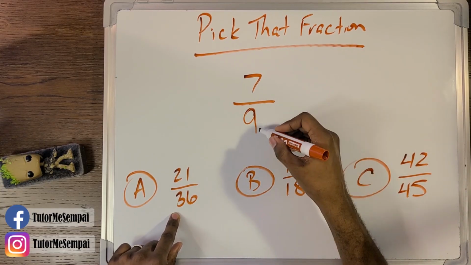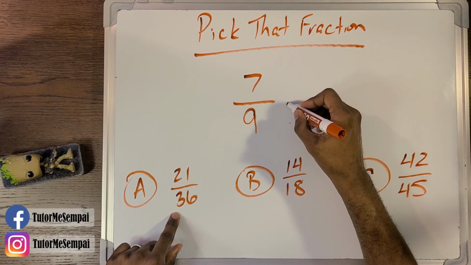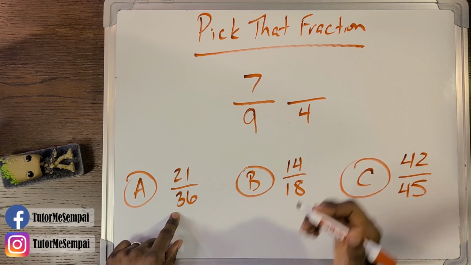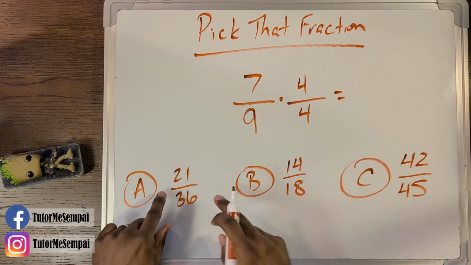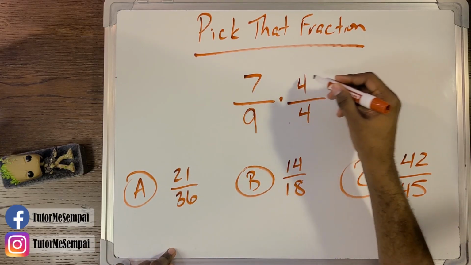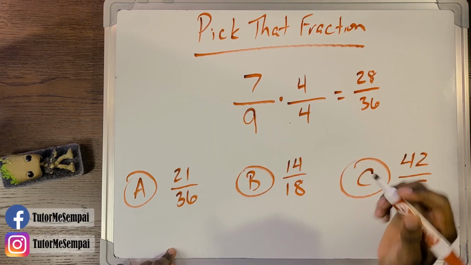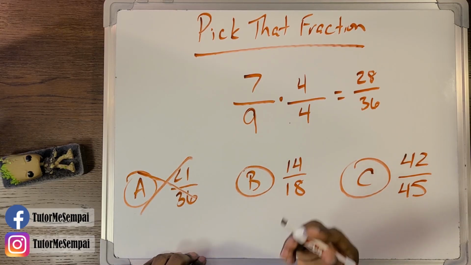What do you multiply 9 by to get 36? Well, that is going to be 4. 9 times 4 is 36. So if we do 4 over 4, are we going to get this? Well, 4 times 7 is going to give you 28. So it's not quite A. We're almost there, but not quite.